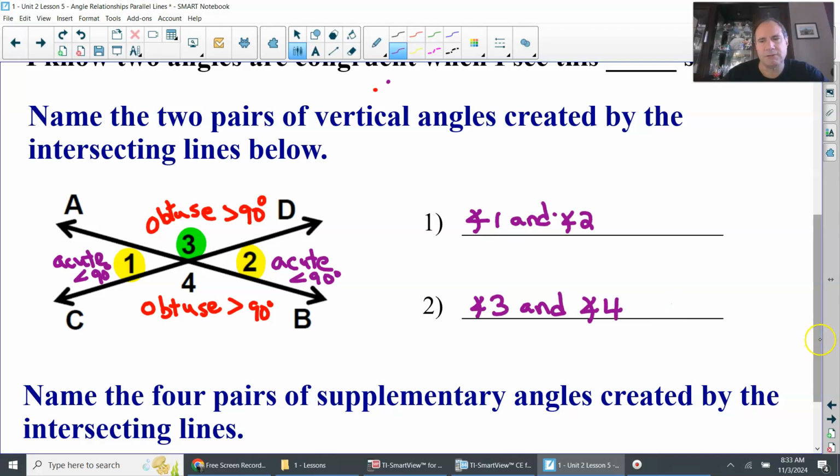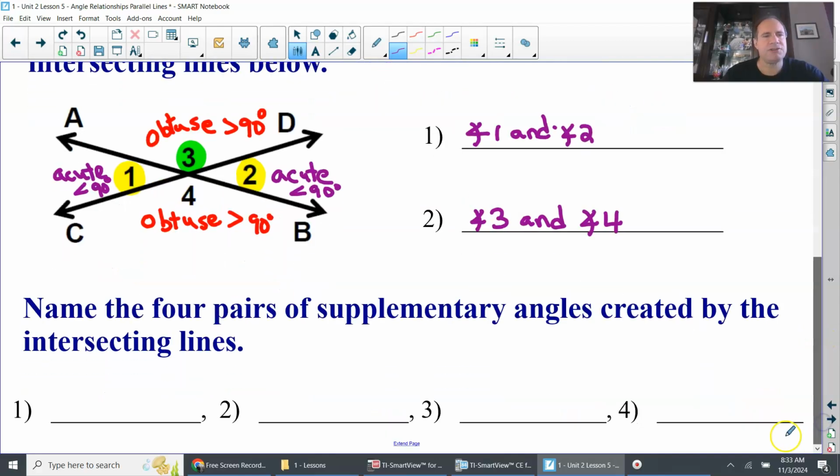Name 4 pairs of supplementary angles. Supplementary angles add up to be 180 degrees. So 2 or more, it doesn't have to be just 2. In this case, it is just 2.